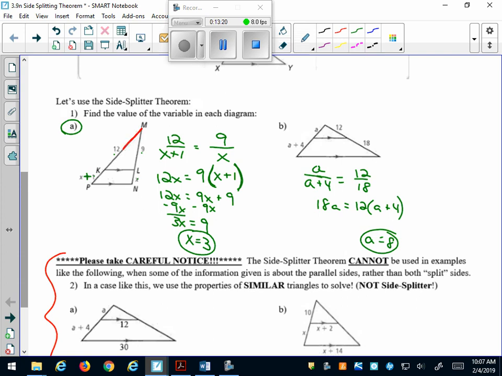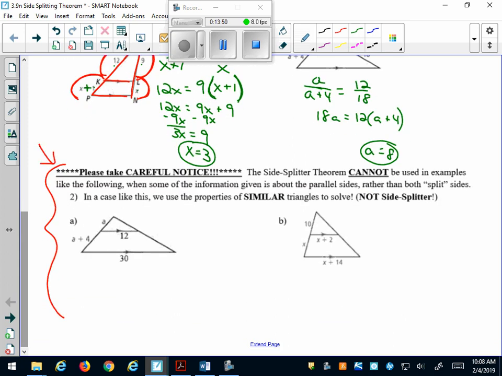In other words, in this example, MP is split into MK and KP. And we have a length for MK and a length for KP. MN on the other side is split into ML and LN by this parallel line. And we have information on the side 9 and x. That's when it works.